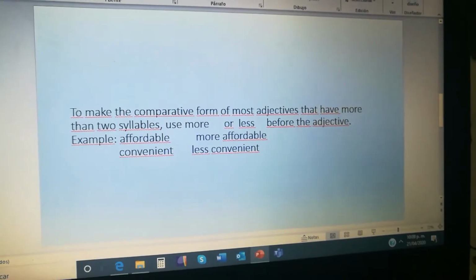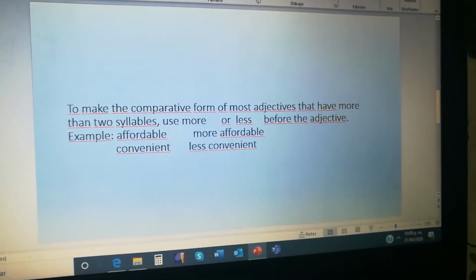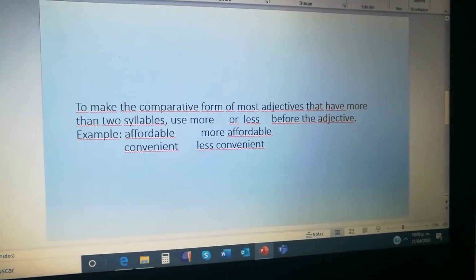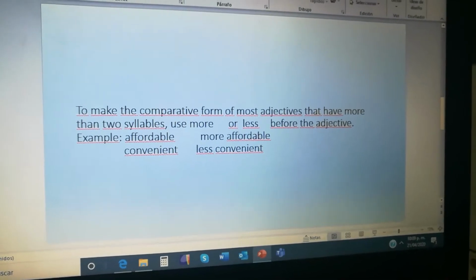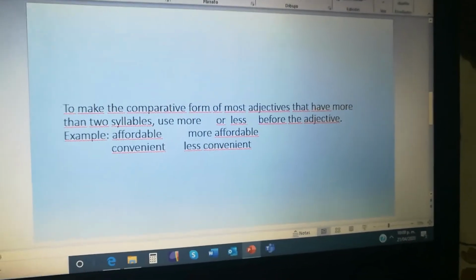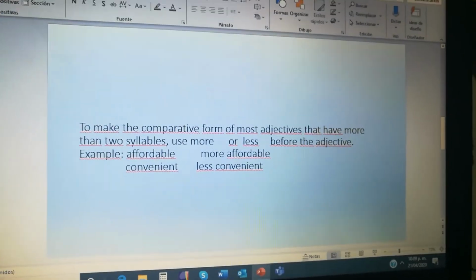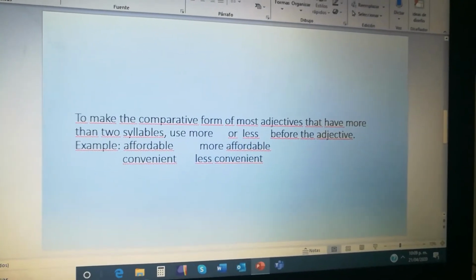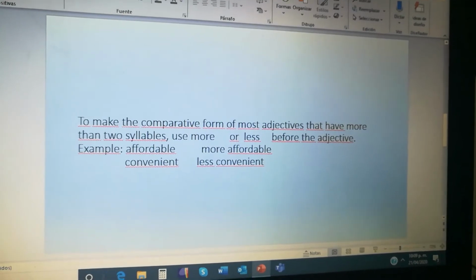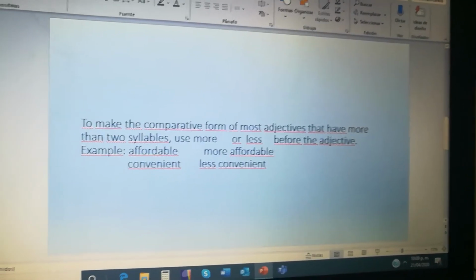To make the comparative form of most adjectives that have more than two syllables, use more or less before the adjective. For example, affordable. Is affordable a short or long adjective? Long. Why? Because it has more than one syllable.